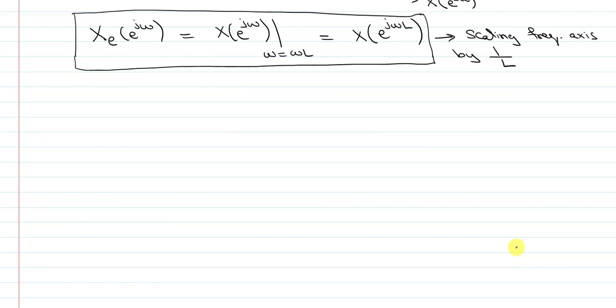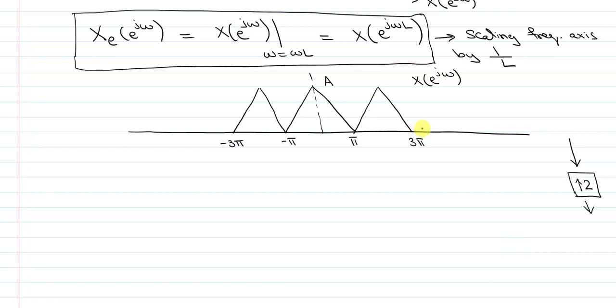So let's take a look at a simple example before we go further and connect it to the interpolation expression. Let's assume that we are given a sequence x n whose Fourier transform looks like the following. It's this shape where the height is A and it goes from minus pi to pi, and then there is periodic repetition. And let's assume that we upsample that by a factor of 2. So what we get according to this expression is the following.